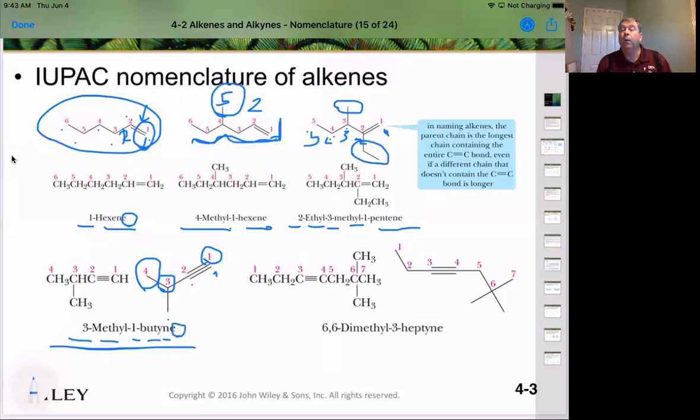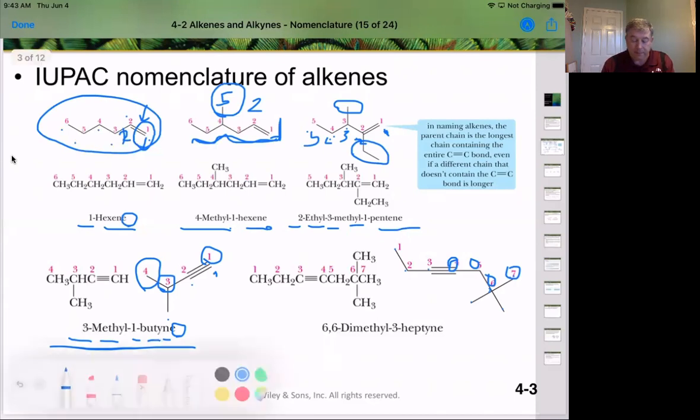Okay, so we can use all these rules together to name even much more complex structures like this last one here. So we have 1, 2, 3, 4, 5, 6, 7. So there's a total of 7 carbons possible. If we number from this side, 1, 2, 3, 4, that would put the alkyne at the 4-carbon.